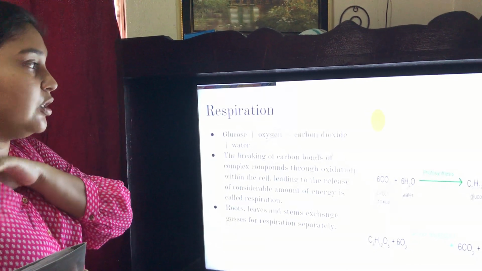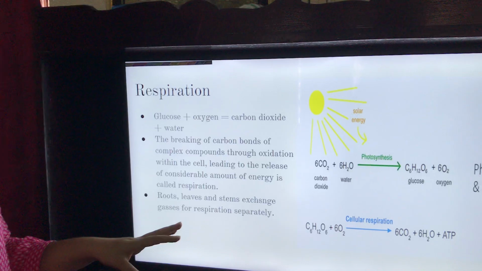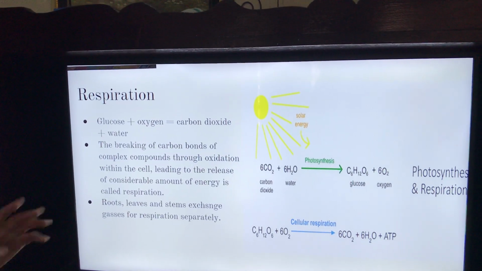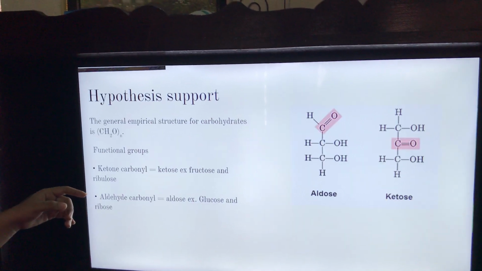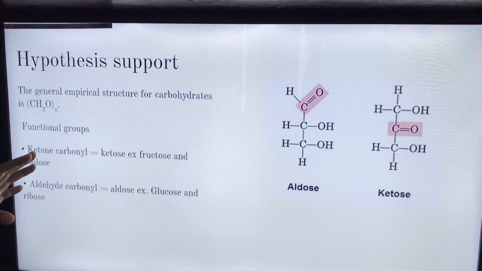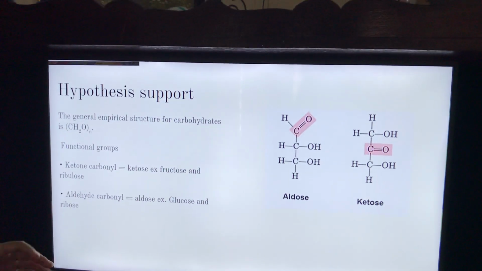When we talk about respiration specifically in plants, roots, leaves, and stems are all responsible for their own section of respiration. When we talk about aerobic and anaerobic types of respiration, they have a common series of initial steps termed glycolysis.